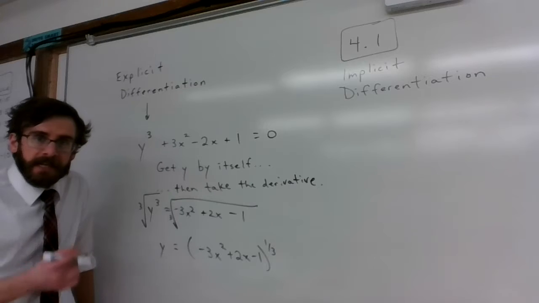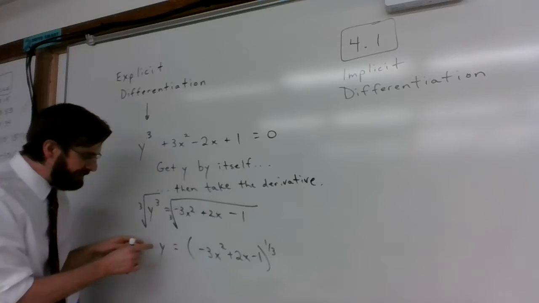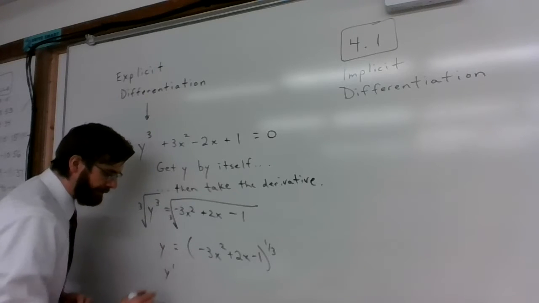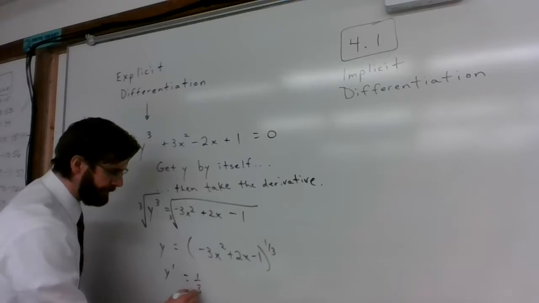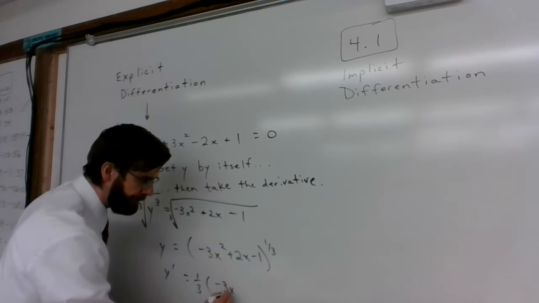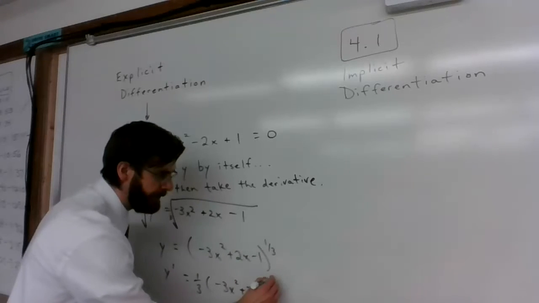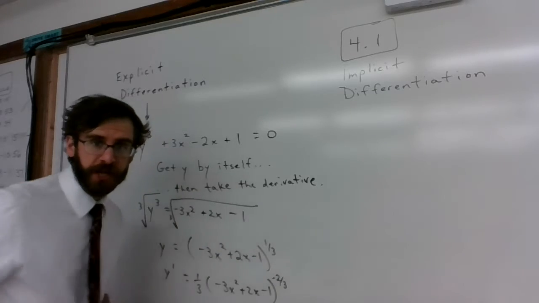So yeah, now to explicitly take the derivative, I've got y by itself, and I can do y prime on both sides, which means take the 1/3 down, rewrite the middle, take 1 away from 1/3, and then multiply by the derivative inside using chain rule.